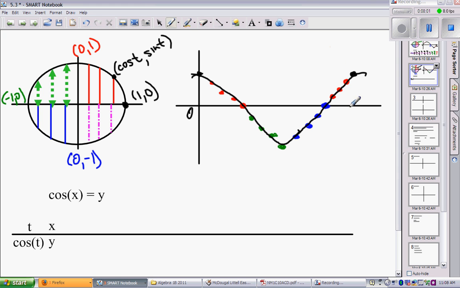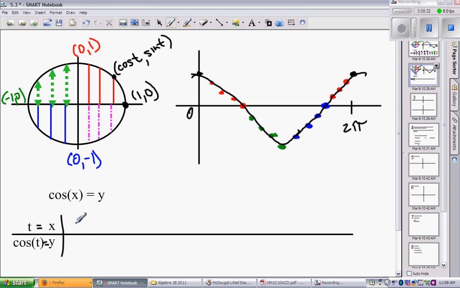Our end point was still 2 pi. Let's find out what the big dip is right there from our table. So now we're looking at the cosine of t. This sounds a little bit different, but t is being replaced by x. So the cosine of t is our y value, but it's really the x value at the point.